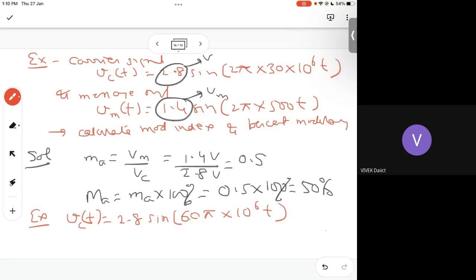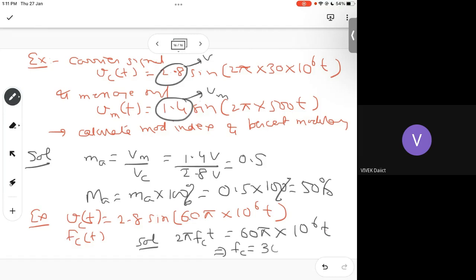In this case, I am asking what is the FC. Obviously the solution is simple. Sometimes we write it completely; so far we have seen everything separately. So the solution is 2π FC t equal to 60π into 10 to the power 6 t, which means FC becomes 30 into 10 to the power 6, which is 30 megahertz.